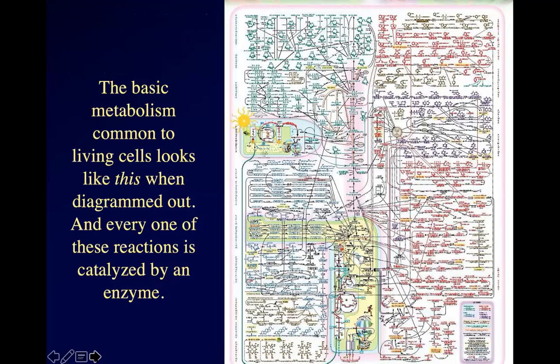But every one of those thin lines that you're seeing is an arrow representing a chemical reaction, starting with one compound and changing it into something else. Every one of these little lines represents a chemical reaction. Every one of those reactions happens because an enzyme catalyzes it, makes it happen.